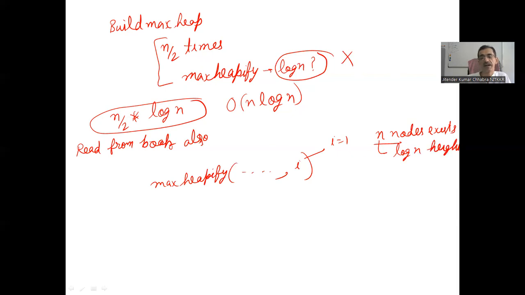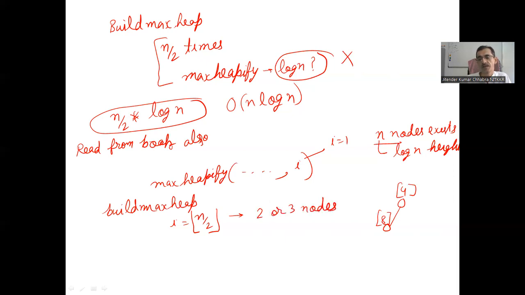But when building the max heap, at the time when I call it with i as n/2, the total number of values in the heap are effectively, let's say, the 4th node and the 8th node only. That's it. So effectively 2 nodes or maximum 3 nodes in the heap: the root itself, and at most its 2 children initially.